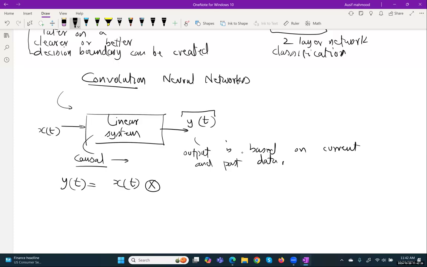Convolution, we typically write as an X with a circle in it, so that means convolution. So the output is produced by the input convolved with h(t). And what is h(t)? h(t) is called the impulse response of the system.